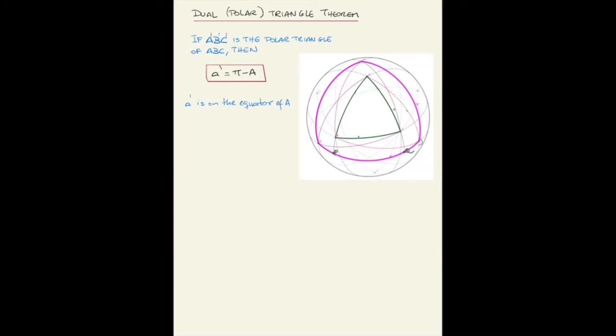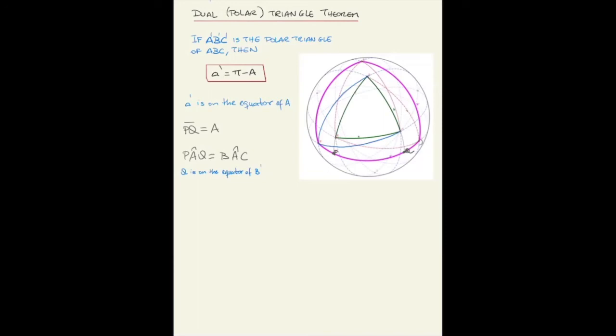So the angular size of PQ is equal to the angle A, because the angle PAQ is the same as the angle BAC. Now, Q is on the equator of B prime. You can see this because B prime connects to A, and B prime also connects to C through 90-degree arcs of great circle.